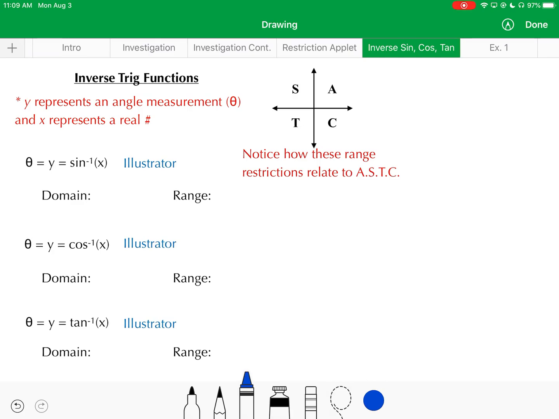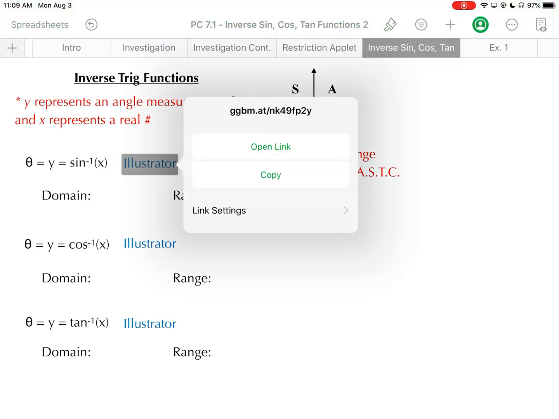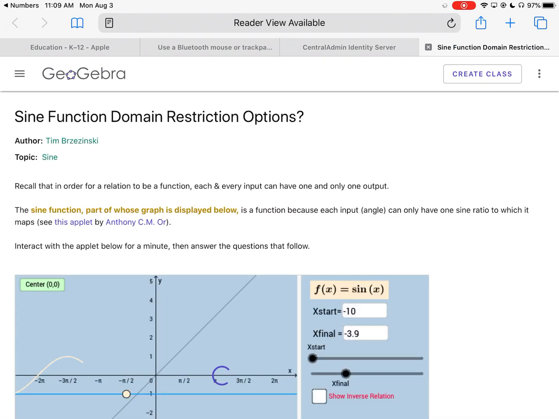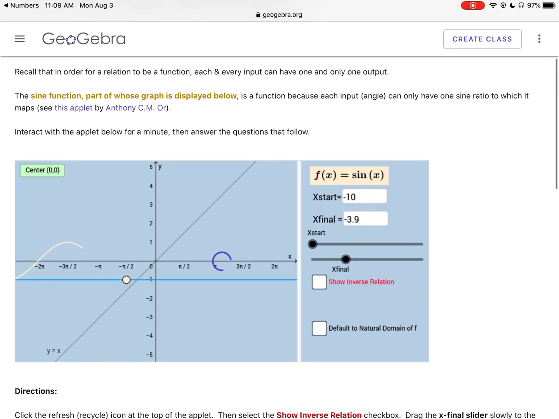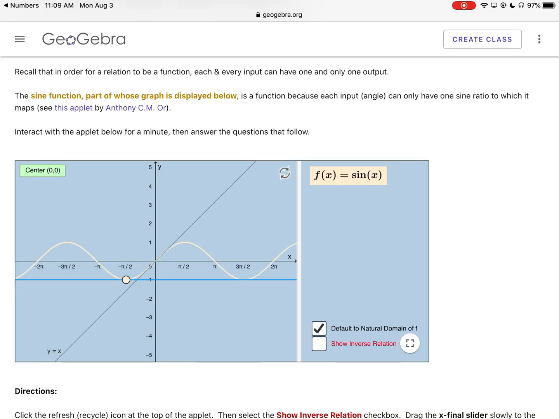So let's start with the inverse sine function. I'm going to pull up an illustration here, okay? So right now, I'm going to make it so that we just have the original sine function graph. This is f of x equals sine of x, with a domain of all real numbers right now, okay? And clearly, it is not passing the horizontal line test, right?